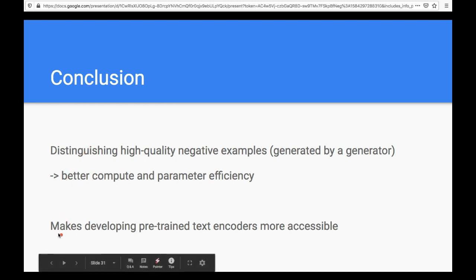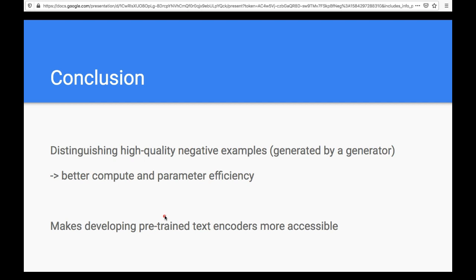So they hope that by doing this, language encoders, or you can call them language pre-trained models, become more accessible, unlock the accessibility of research in this line, and also become more environmentally friendly. So yes, this is the conclusion of this paper.